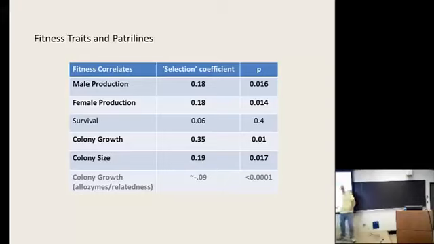We could use those to measure relatedness. We found out that colonies with a high degree of relatedness had low growth rates. High degree of relatedness means that the queen didn't mate as often. Low degree of relatedness meant that the queen mated more frequently and they had higher growth rates.